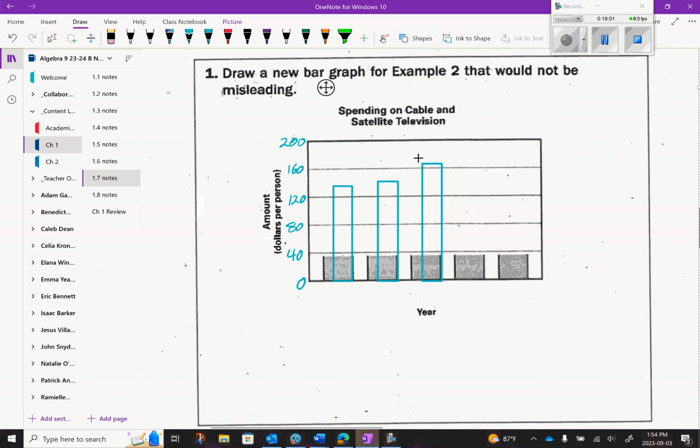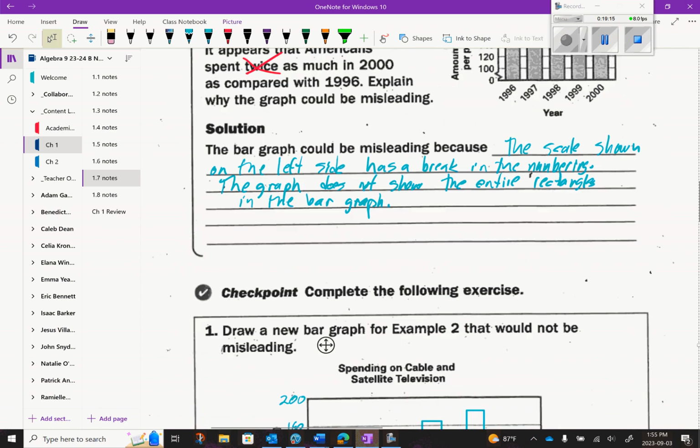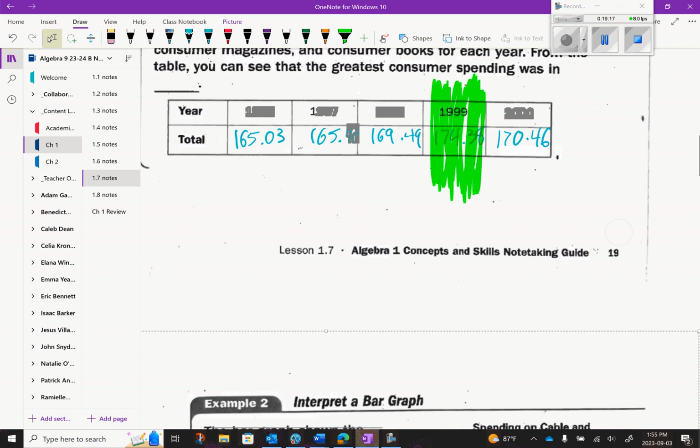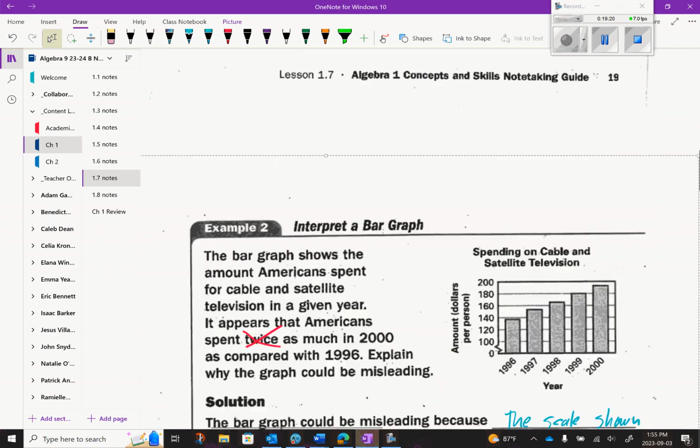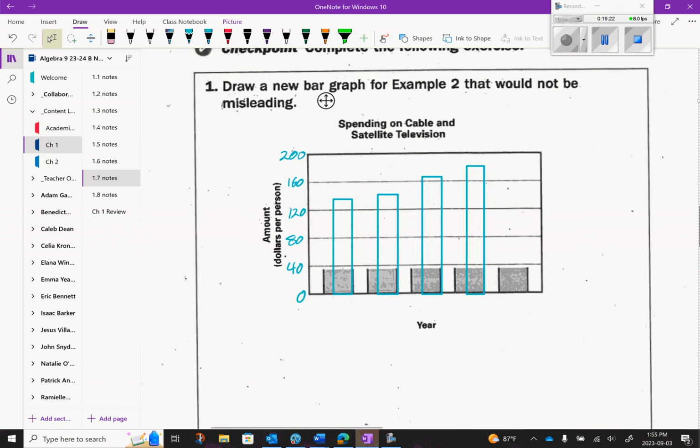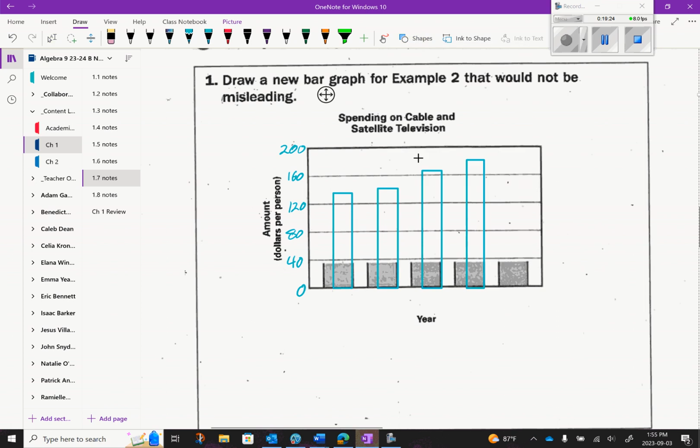So 180 would be about halfway in between the 160 and 120. And then for the last one, it's 192.82. So just a little bit less than 200.